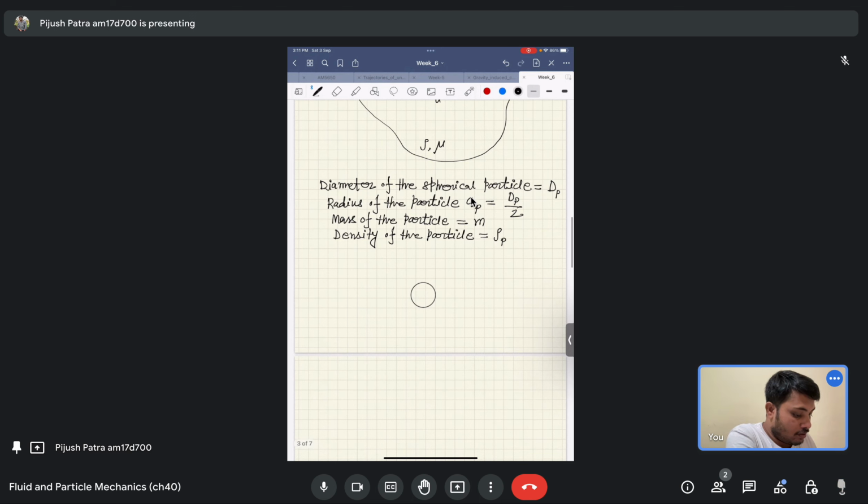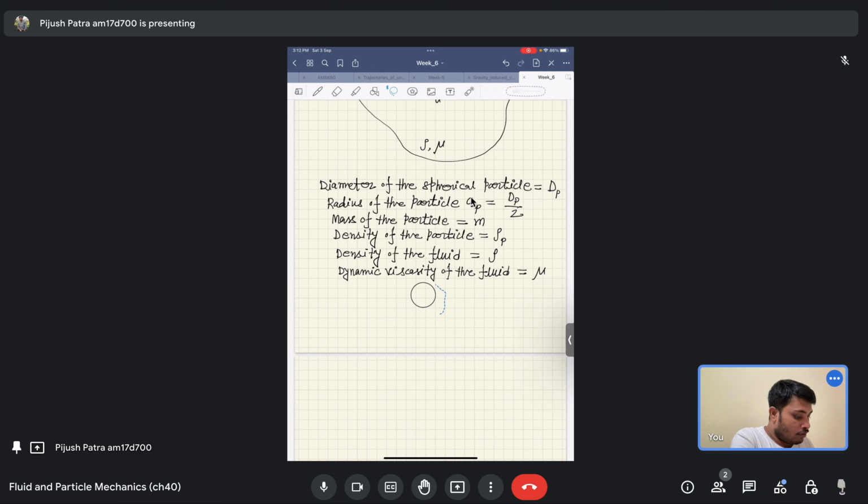The density of the fluid is equal to rho, and the dynamic viscosity of the fluid is equal to mu.